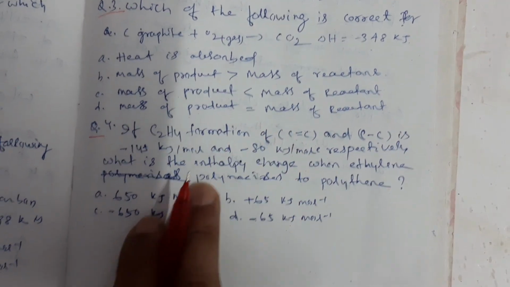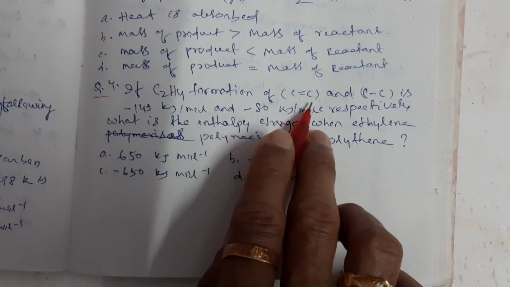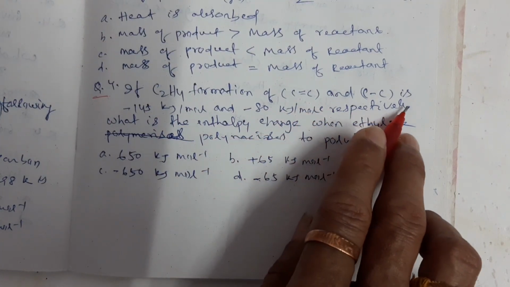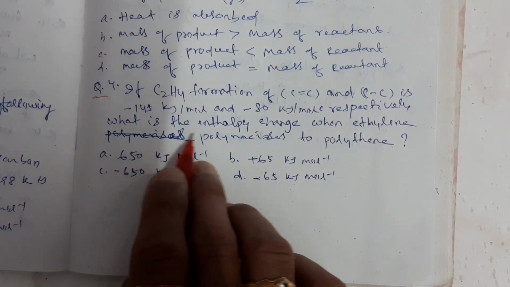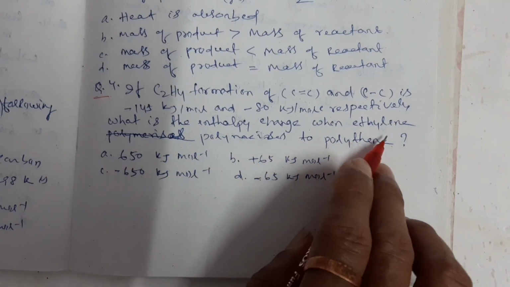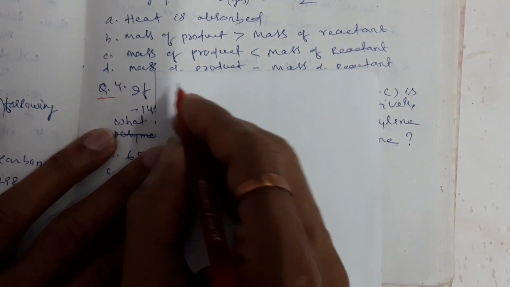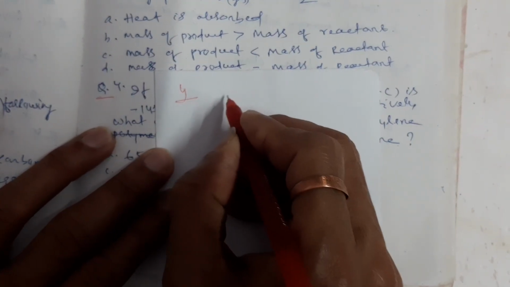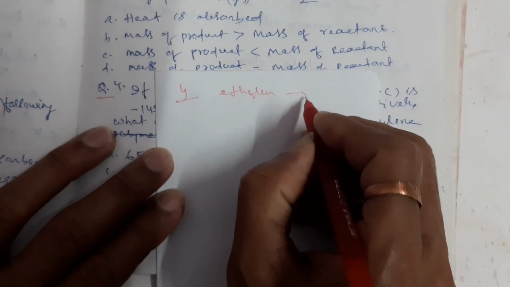Okay. Next, if the formation of C double bond C and C single bond C is this much, respectively, what is the enthalpy change when ethylene polymerizes to polyethylene? You see how it is. Question number 4, ethylene to polyethylene.